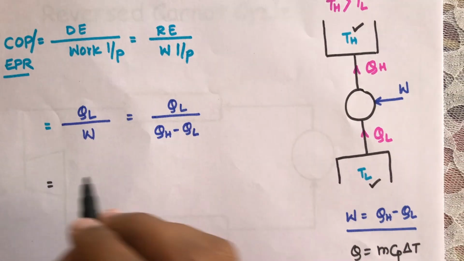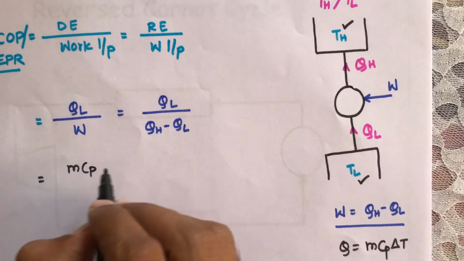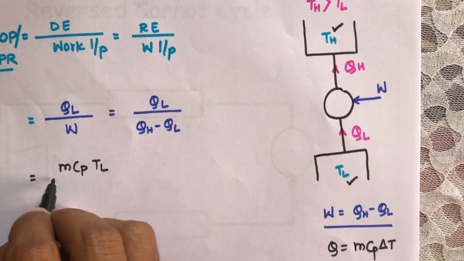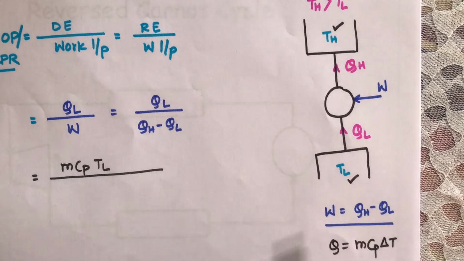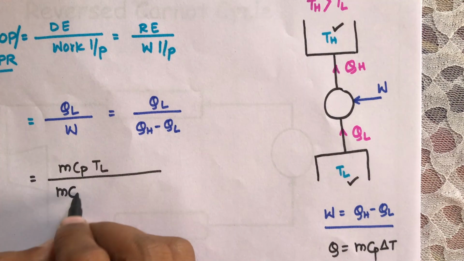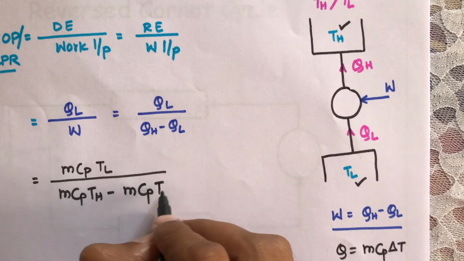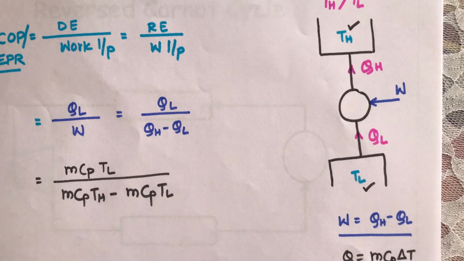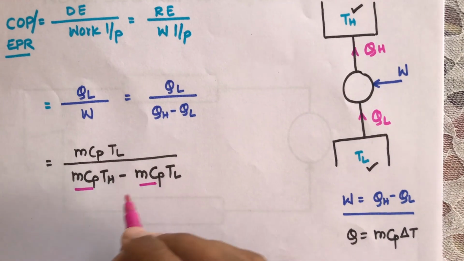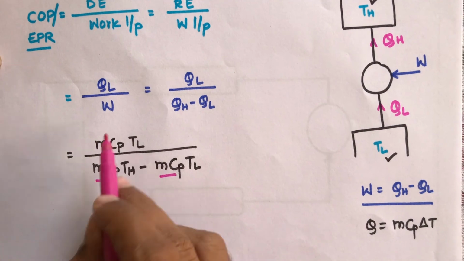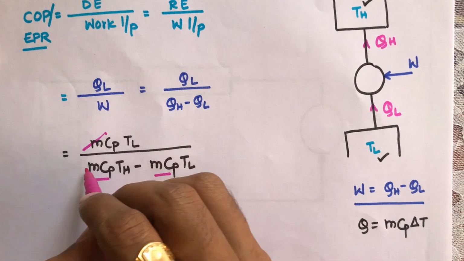Let us modify this equation. QL is mCp into TL, divided by QH, which is mCp into TH minus mCp into TL. From this denominator, let us take mCp common, and then mCp at the denominator and mCp at the numerator get cancelled.